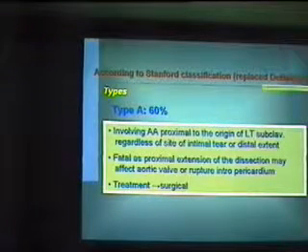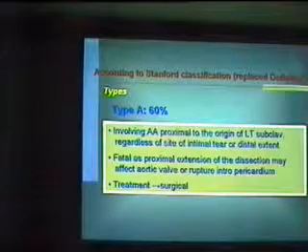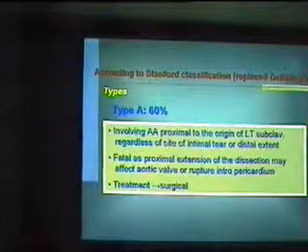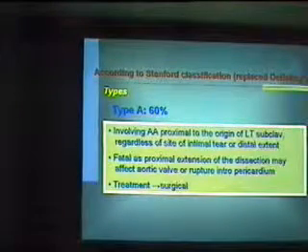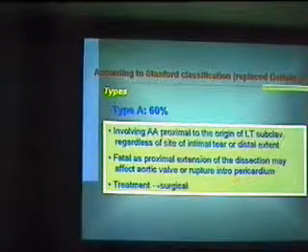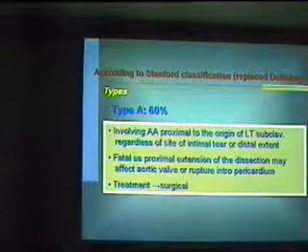The further proximal extent of this dissection may affect the valves of the aorta. It's fatal as proximal extension of the dissection may affect the valve or rupture into the pericardium. فدي خطورتها ولذلك the treatment is always surgical. But again this type is more common.